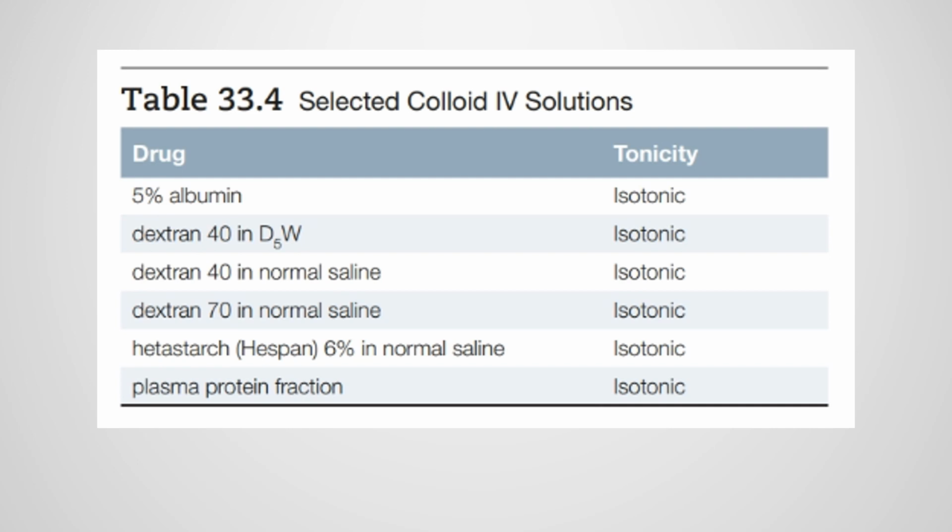Okay, so they were initially produced with the feeling that, well, if they're large molecules and they last for a couple of days and they pull fluid into the vascular space, they'd be very useful for, say, conditions such as hypotension or maybe hemorrhagic shock or sepsis to raise the blood pressure.